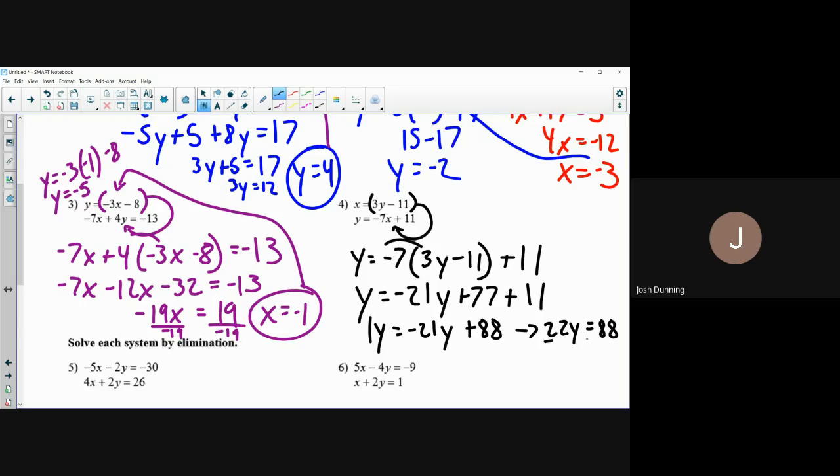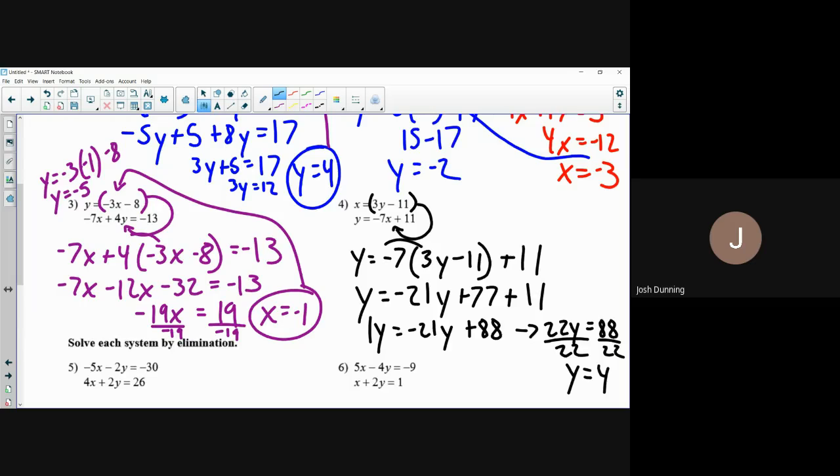This one was a little weird, but still works. What I mean by that, if you look, they're both solved. That doesn't really happen very often, but either way, we could have put the bottom, the negative 7x plus 11, we could have put that in for the top y, or we could do it the way we want to do it.